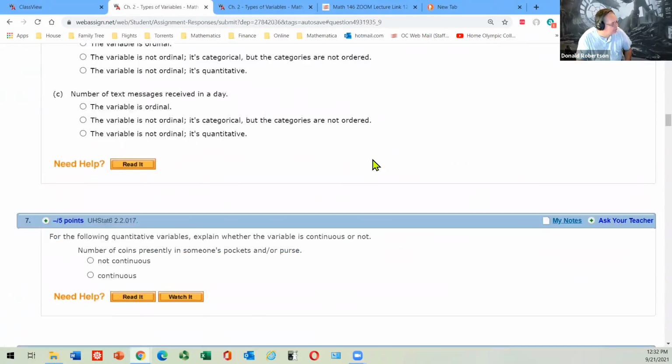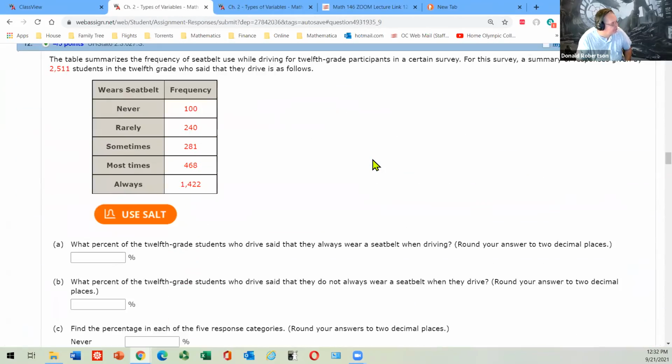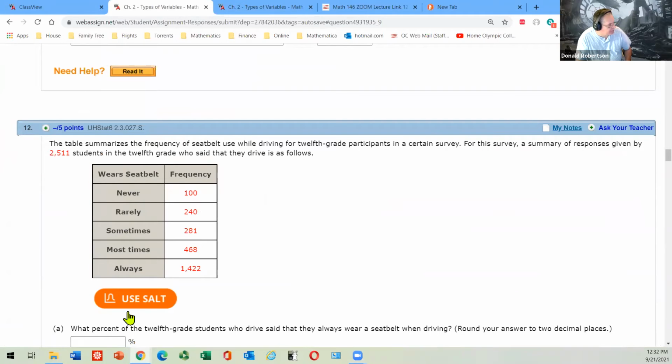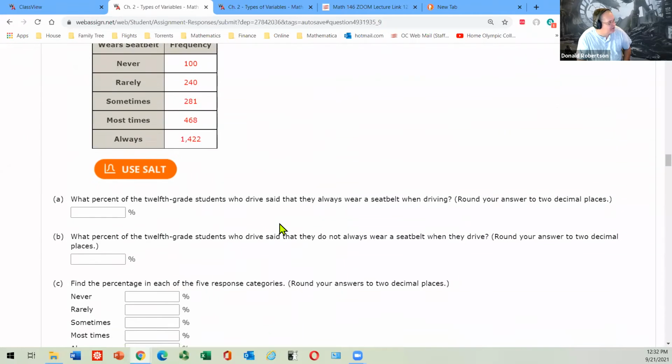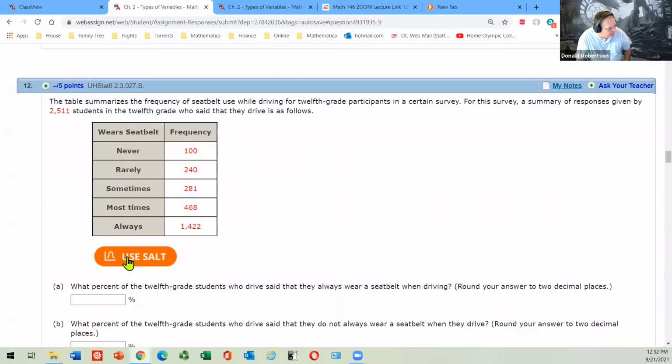Hopefully you can still see the gist of what's going on here. Here's our question. Now, oh, darn it. The numbers have been changed because I went up and changed something. But can you imagine it's the same question I had a few moments ago? So what you do is you hit this salt button.